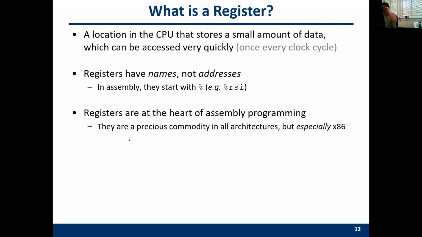So in order to support assembly language programming, one CPU provides different types of registers. A register is a storage which can be accessed very fast, typically with 1 cycle latency.